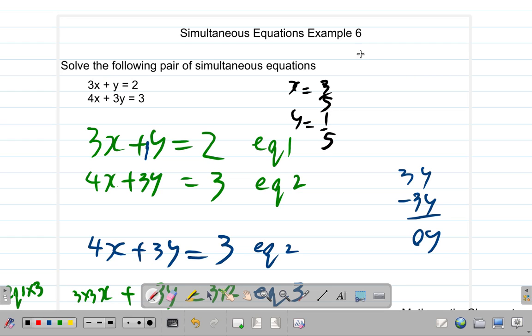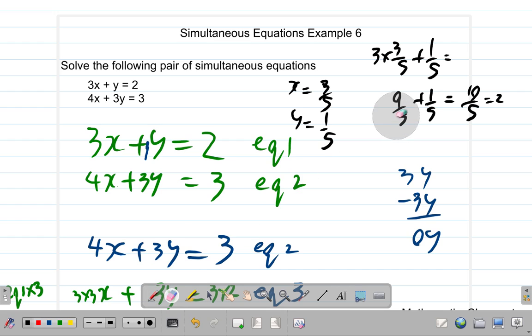Let's test them now. 3 times 3/5 plus 1/5, is it equal to 2? 9/5 plus 1/5 gives you 10/5. 10/5 is the same as 2. Alright, it works out so far with equation 1.